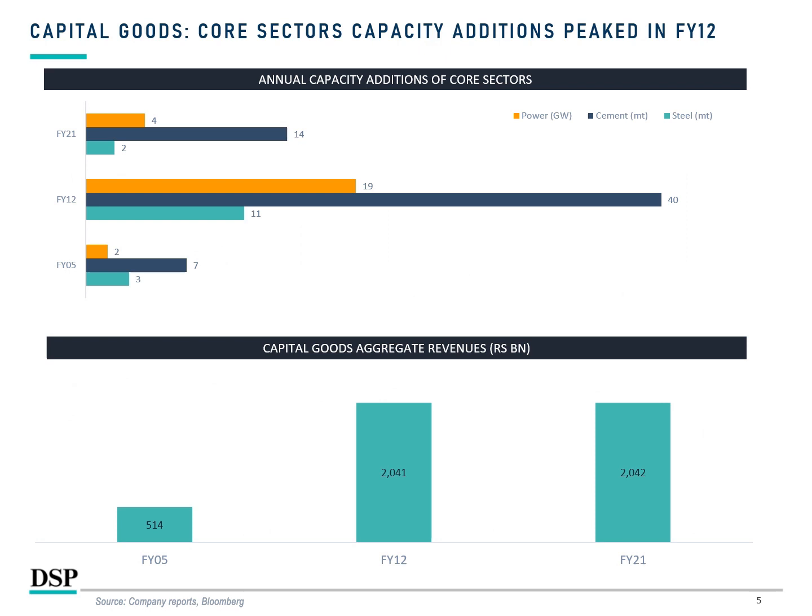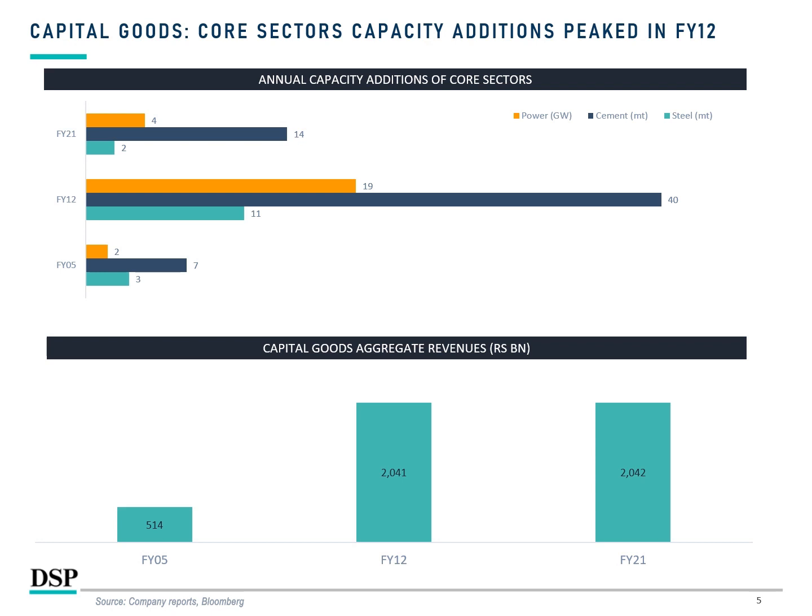In this slide, the first chart indicates the annual capacity additions by core sectors. FY05 to 12, we saw strong private sector participation in power, steel and cement, led by reforms and a strong upmove in commodity prices globally.